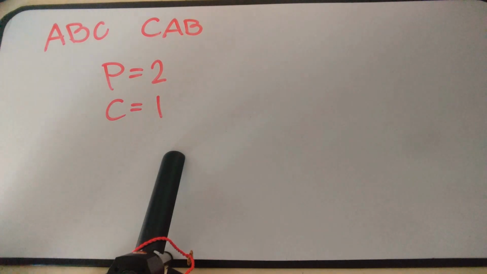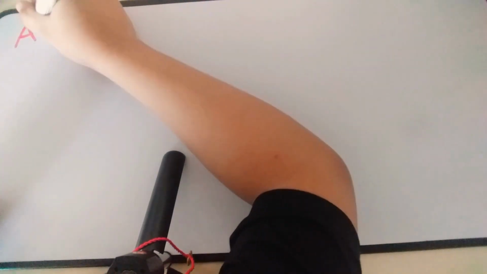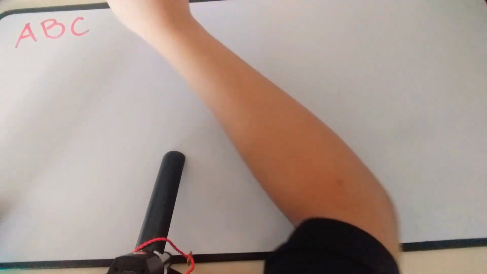Let's use another example to illustrate. Let's say we have four letters A, B, C, and D. And let's choose two of the four letters.